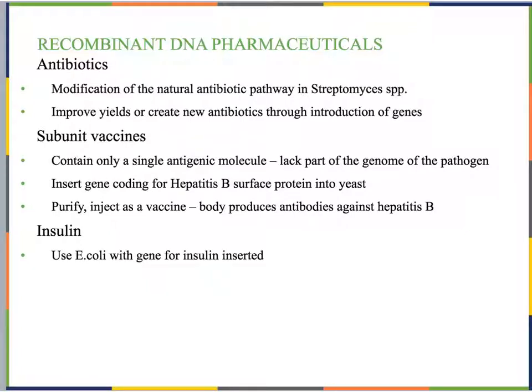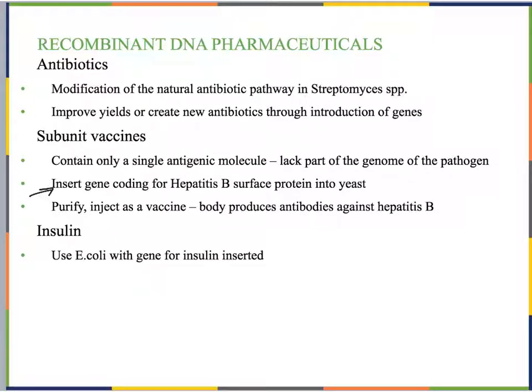Also, subunit vaccines. So we'll talk about vaccines later, but there are subunit vaccines where we can make the different units so they contain only a single antigenic molecule, and then they would lack part of the genome of the pathogen, but then we can insert the gene that codes for a particular protein. So an example, we can insert the gene coding for hepatitis B surface protein into yeast.